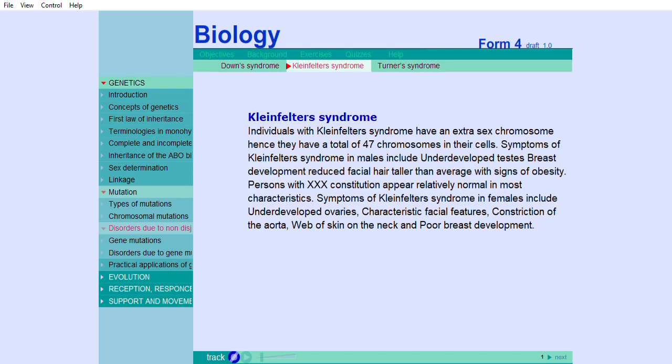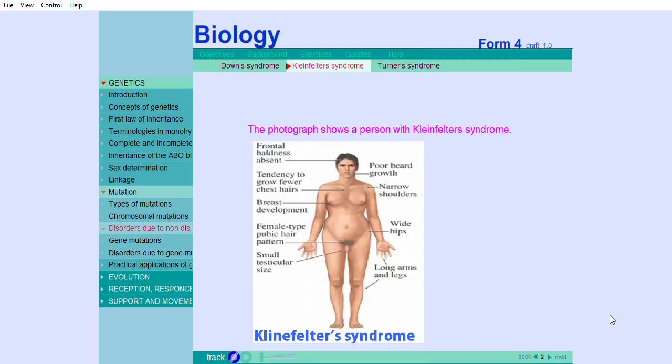Persons with XXX constitution appear relatively normal in most characteristics. Symptoms in females include underdeveloped ovaries, characteristic facial features, constriction of the aorta, web of skin on the neck, and poor breast development. The photograph shows a person with Klinefelter's syndrome.